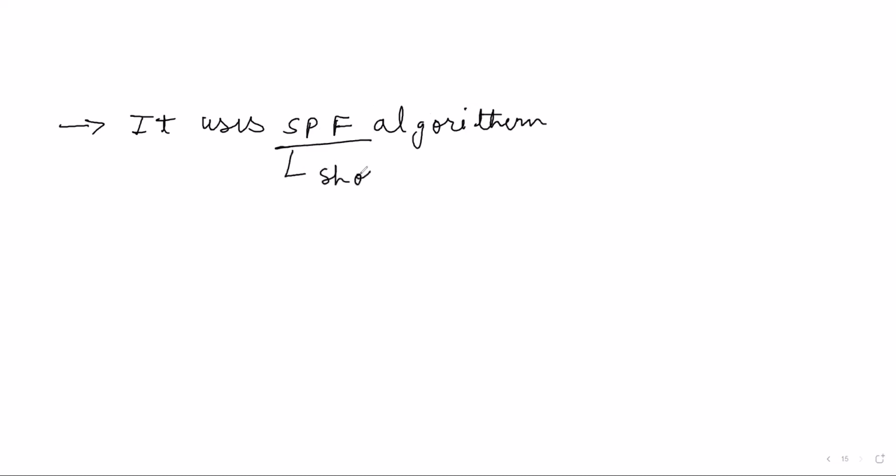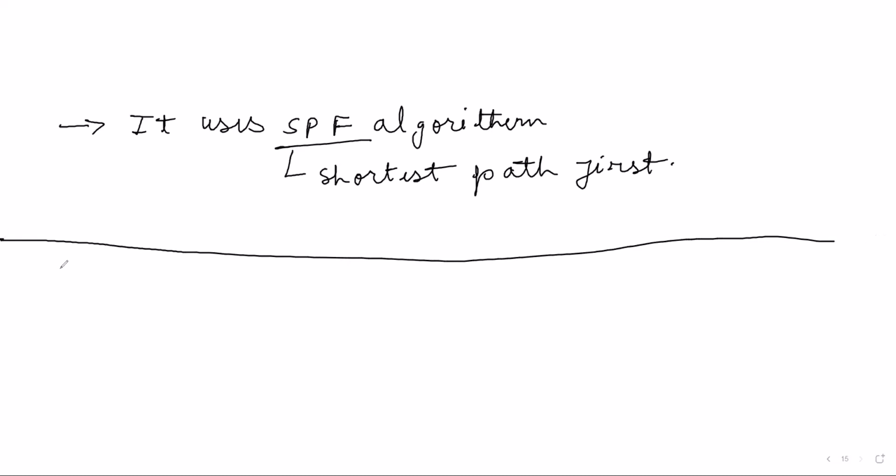Again, I am writing, for best path selection, like every algorithm. Okay, in this protocol, we have three types of table.